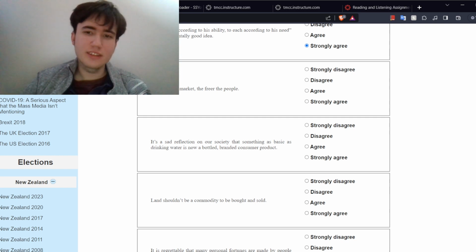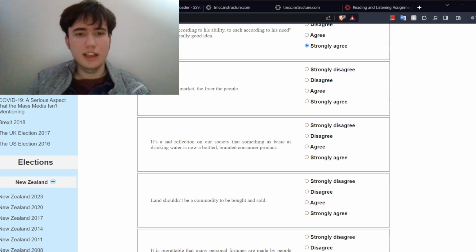I mean, what does free mean, right? Literally, are we more free when we have a free market? Yeah, I think we are. But freedom can mean a different thing to a different person.